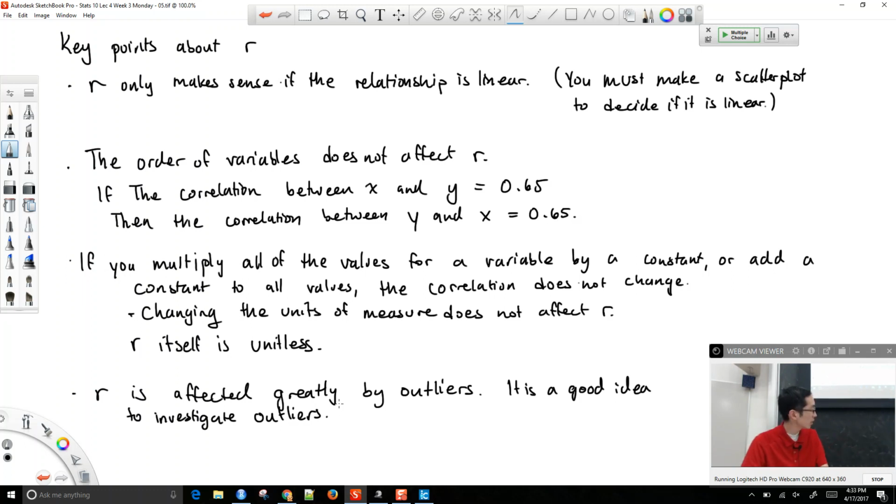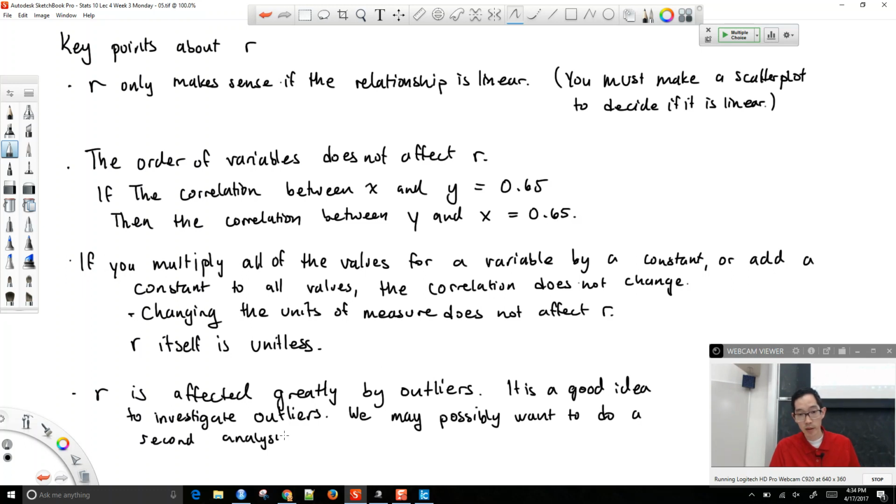In those cases, we may possibly want to do a second analysis with outliers removed. And another thing is that the existence of correlation does not mean causation.